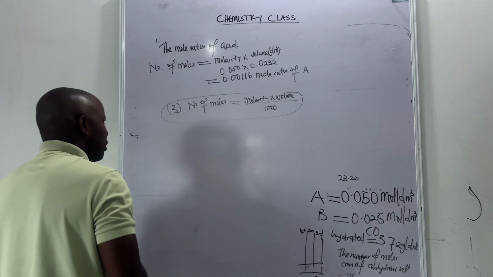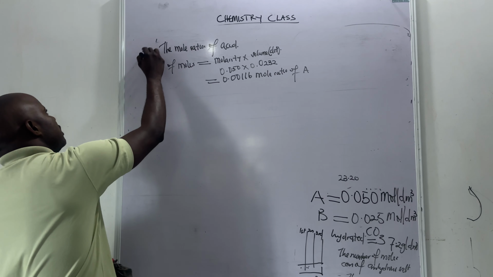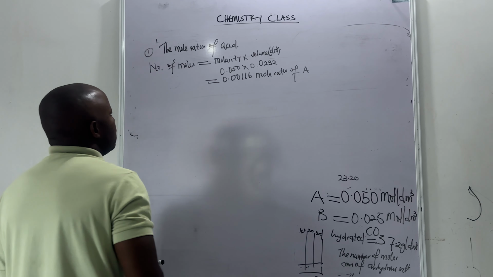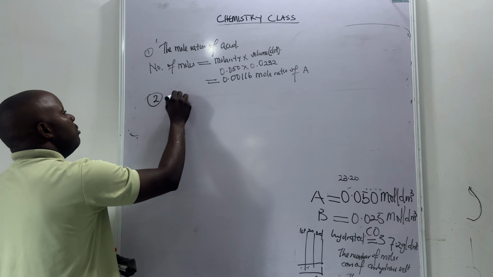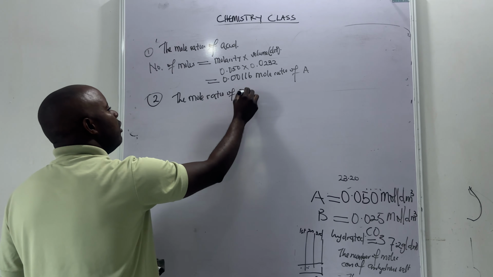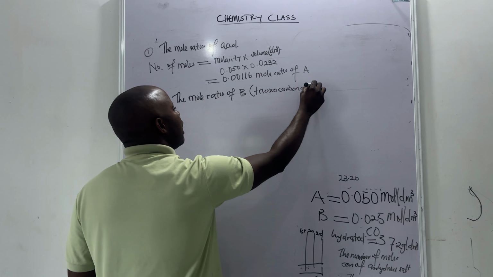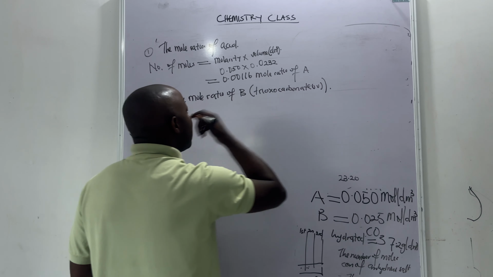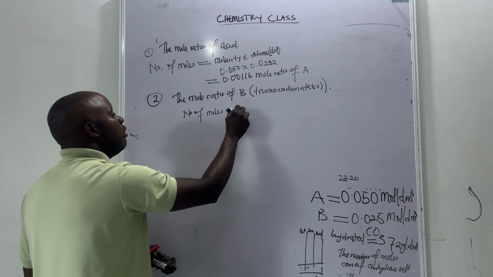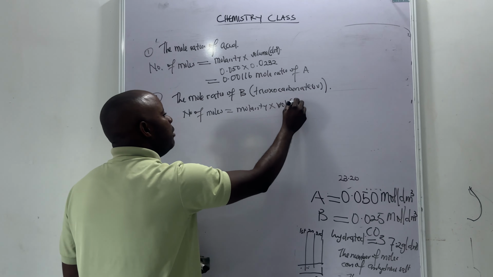We can look for the mole of B as well, so that we can just divide and move on. So here, this is 2, that is 1, 2. The mole of B, which is trioxocarbonate(IV). We said number of moles equals molarity times volume in dm cubed.